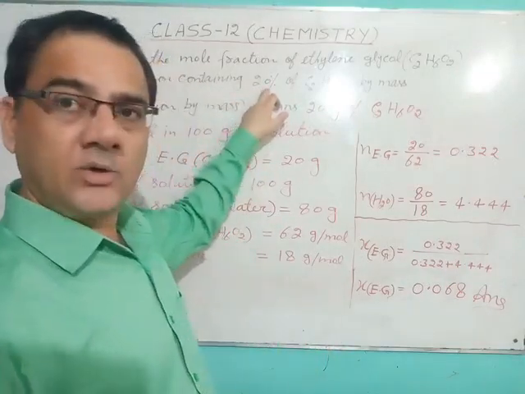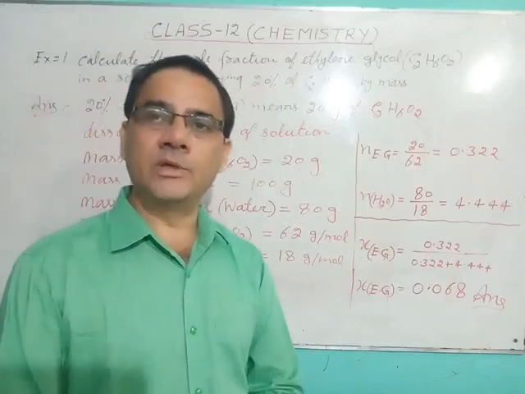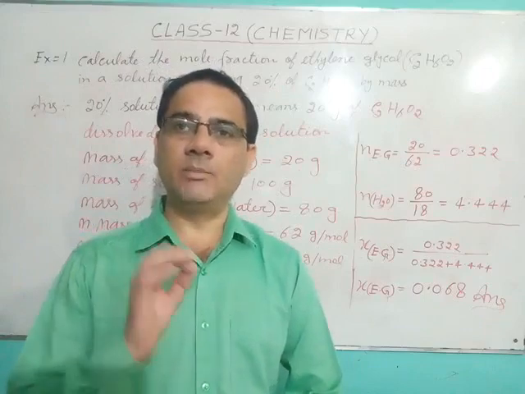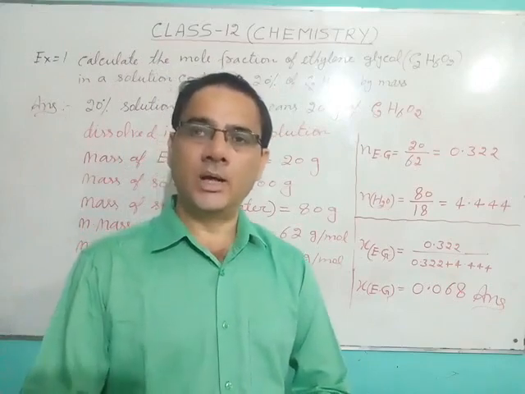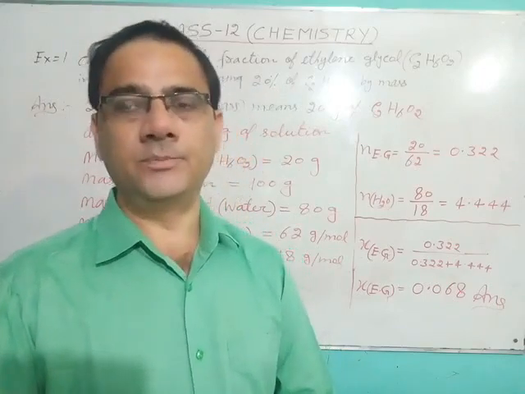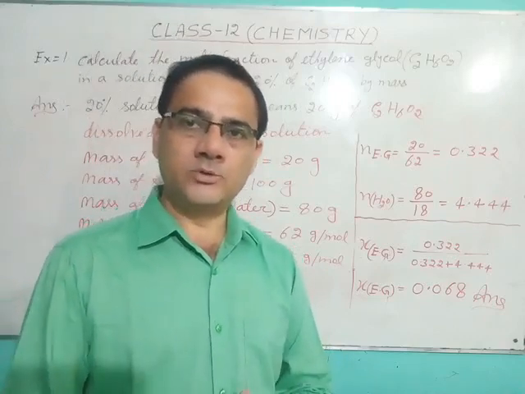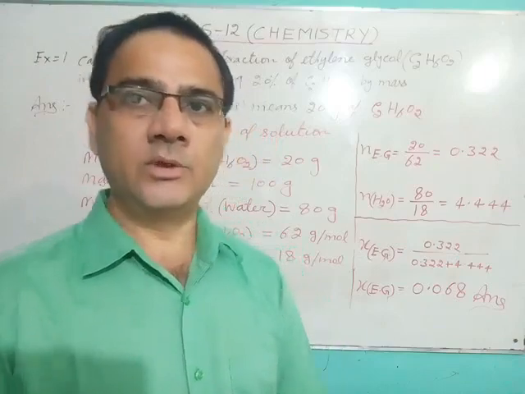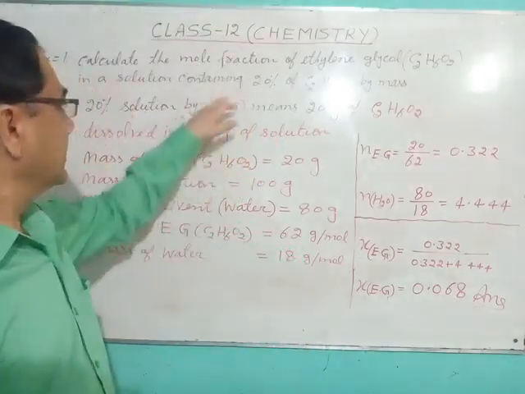As already I have described to you in the previous video, 20% by mass means 20 gram of solute dissolved in 100 gram of the solution. It means from this 20% only we will get the mass of solute, mass of solution and mass of solvent. So what is the mass of solute?